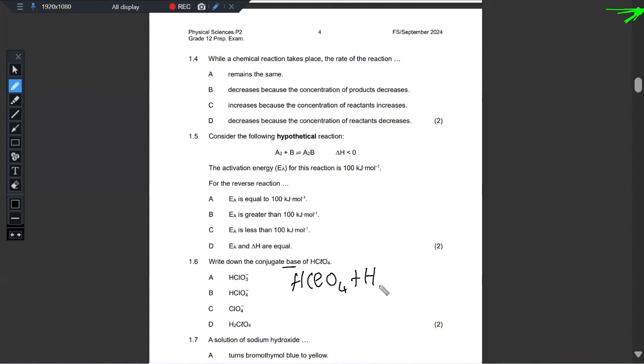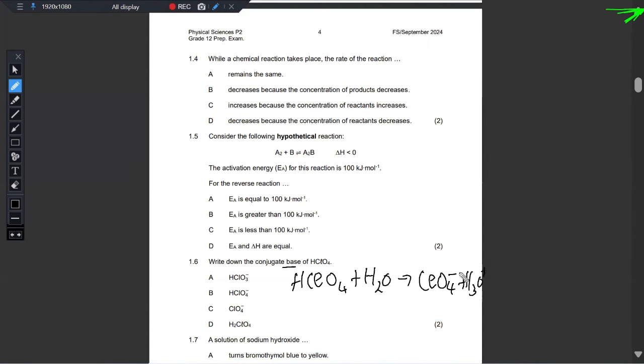So if we react it with water, then the H will have to be donated, because if this is an acid, it donates a proton. So remember, an acid is a proton donor. So ClO4 minus, and then we will have our hydronium ion forming, H3O plus.